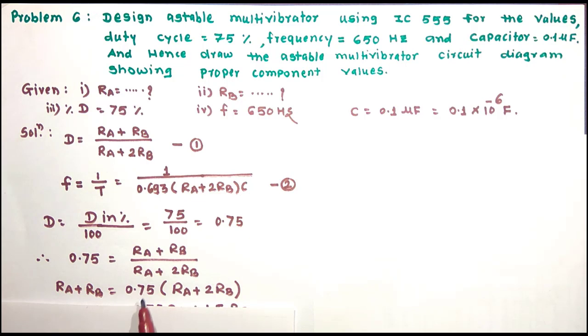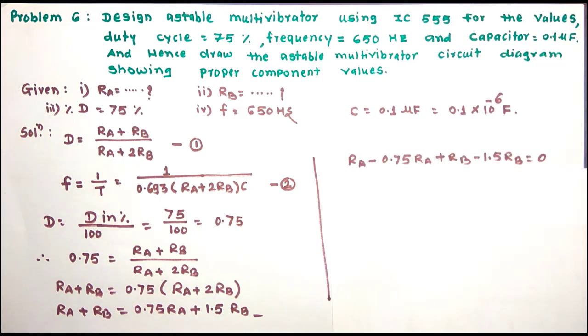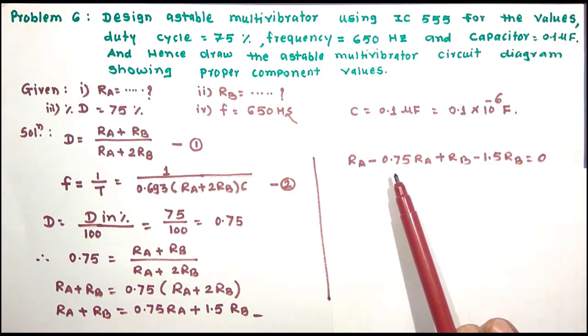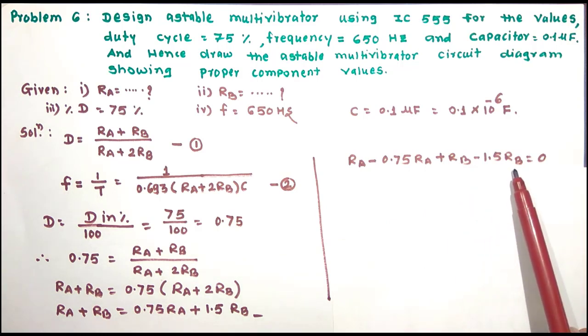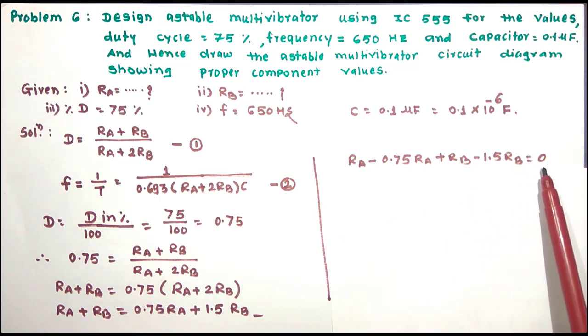Solving this equation, we get RA plus RB is equal to 0.75 into RA plus 2RB. Hence, RA plus RB is equal to 0.75 RA plus 0.75 into 2, that is 1.5 into RB. Solving further, we get RA minus 0.75 RA plus RB minus 1.5 RB is equal to 0.